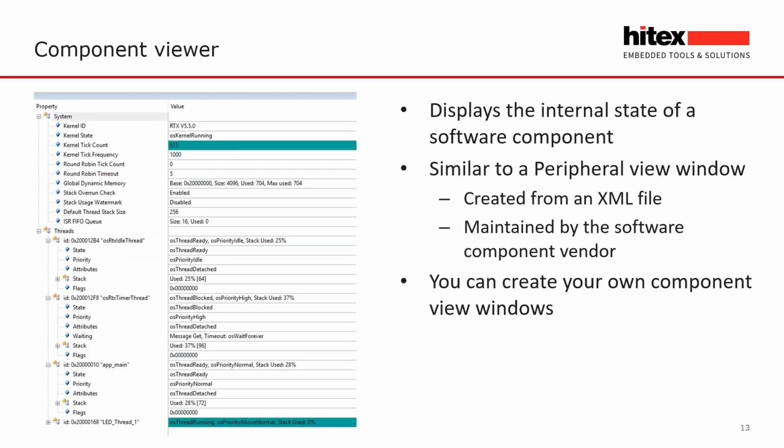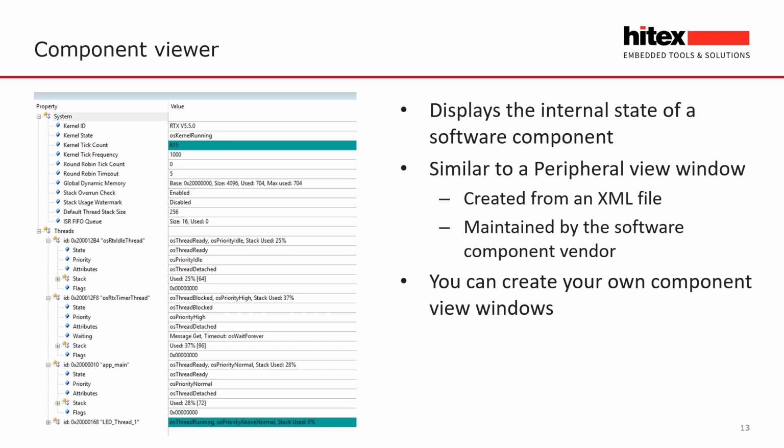Now, within the Keil toolchain, this idea has been extended somewhat in the form of a component viewer that does the same thing for software libraries. Here we can generate a view that looks into a software library and can take the key variables inside that library and display them in a meaningful way. The view here is looking at an operating system.